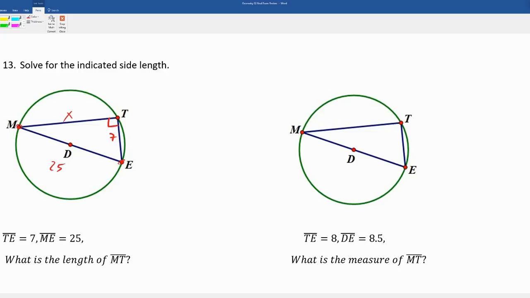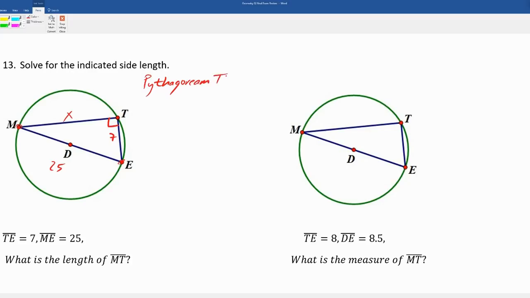I think it's the inscribed right triangle theorem. Basically, it says if it goes through that way, then one of your angles has to be a right angle, a 90-degree angle. It's a right triangle. So how do we solve for a missing side length of a right triangle? That's probably where you should immediately remember this theorem.